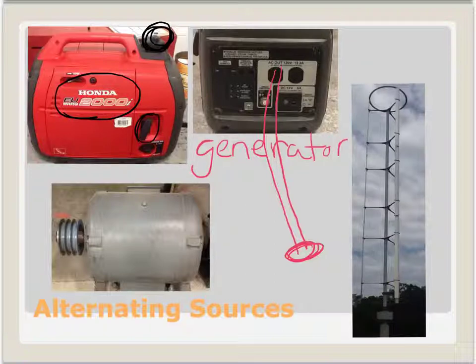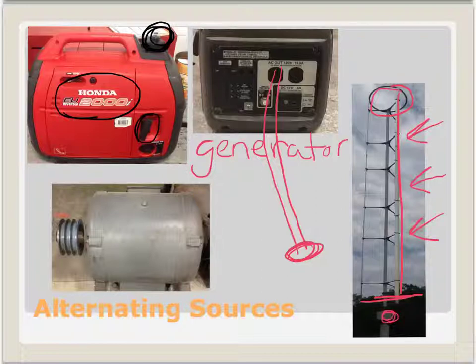We can use an internal combustion engine to spin some type of a generator. This one here is a vertical axis windmill. We have the wind blow on a windy day and it turns the rotor, and in here there is a generator.